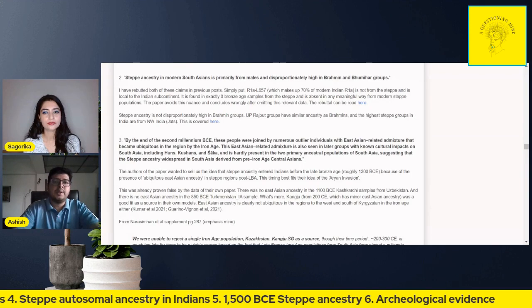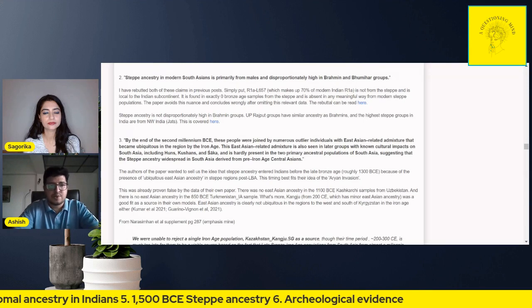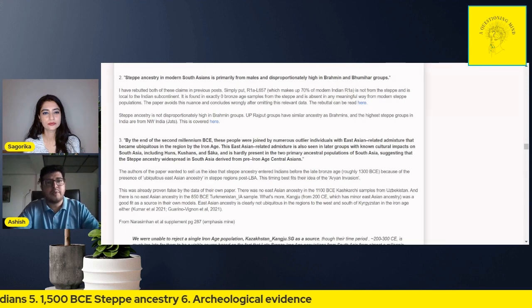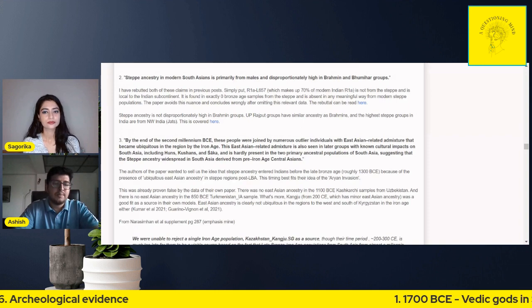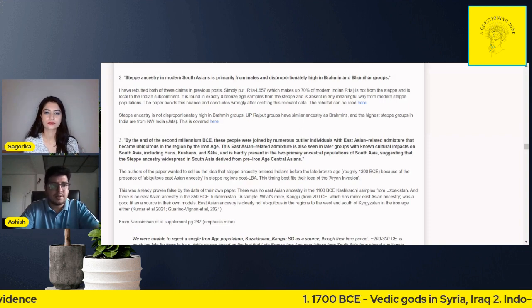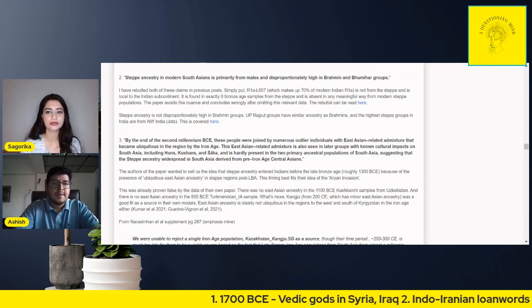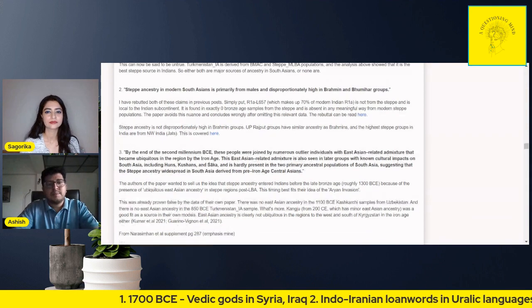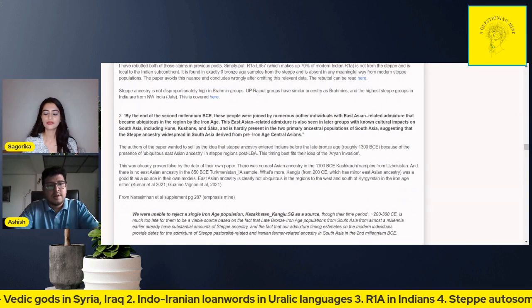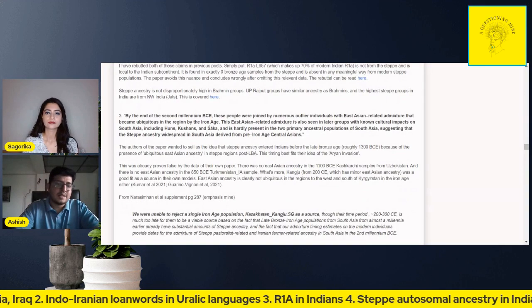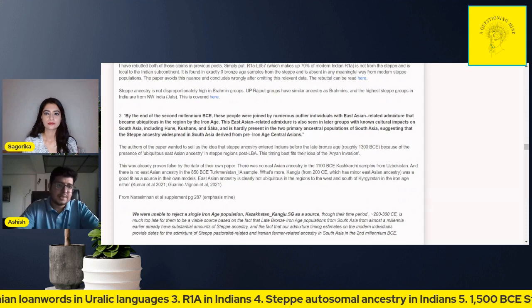For example, in UP, in this post, I've analyzed one Dvivedi sample and two Rajputs, and Telugu Brahmins, and another Niyogi Telugu Brahmin. So in UP, the Brahmins and Rajputs have similar ancestry. Of course, the scheduled caste has lower steppe ancestry.